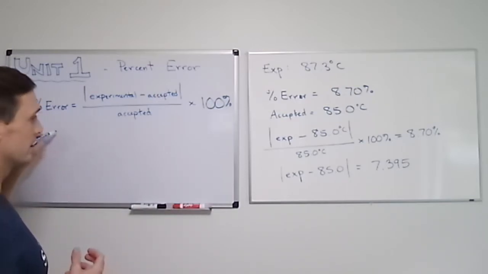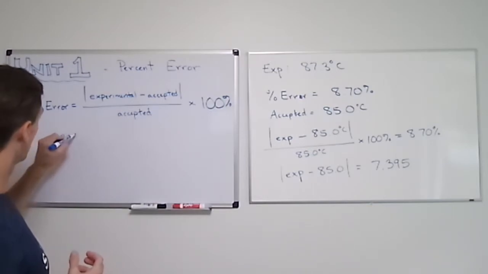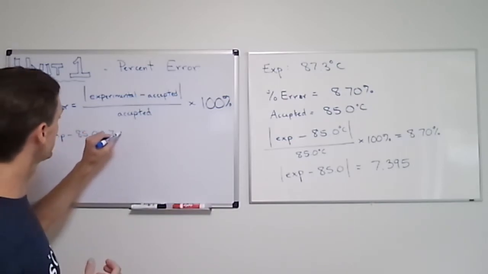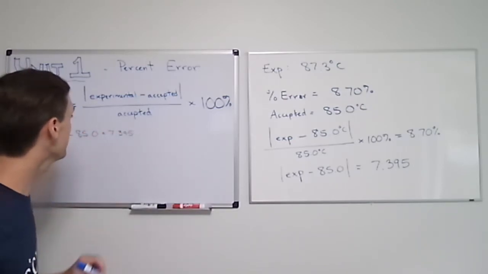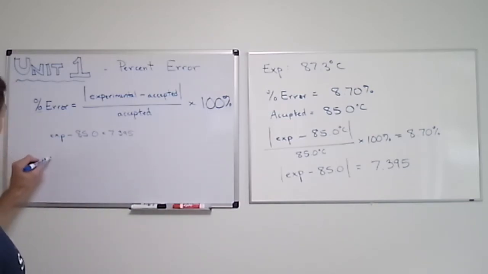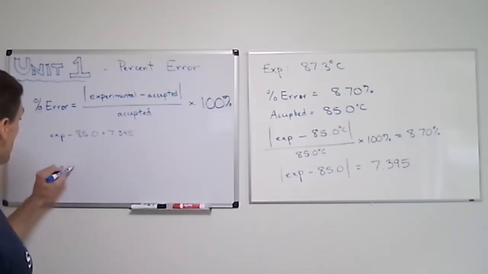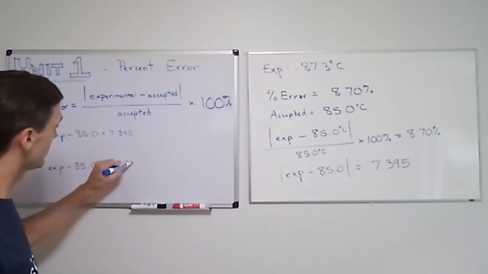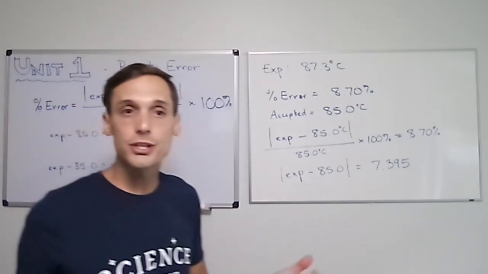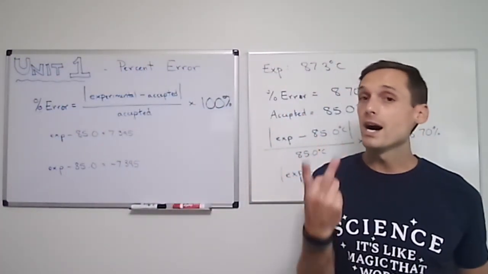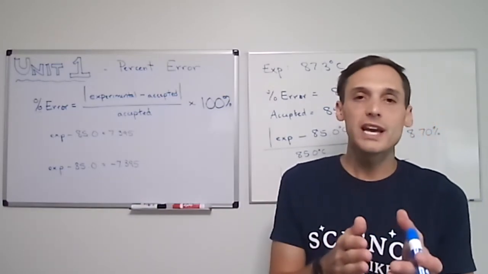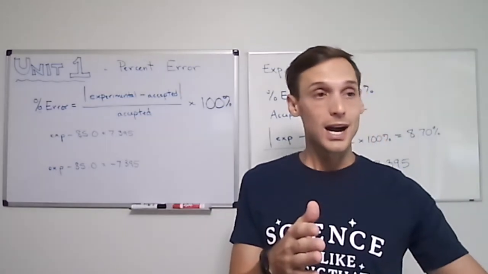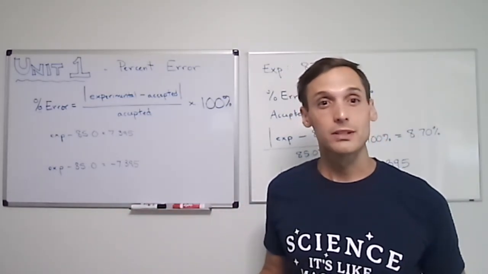So we could say that the experimental minus 85.0 equals 7.395, or we could say that the experimental minus 85.0 equals negative 7.395, and then you can solve for 2 possible experimental measurements, because you don't know if that error corresponds to a measurement that's too high or too low, so you have to account for both.